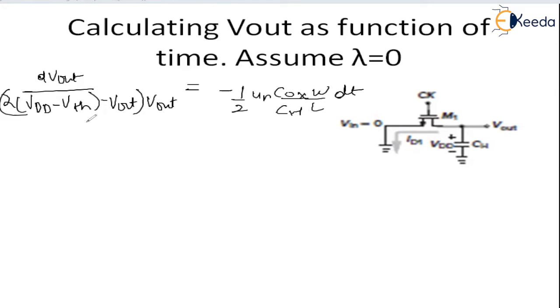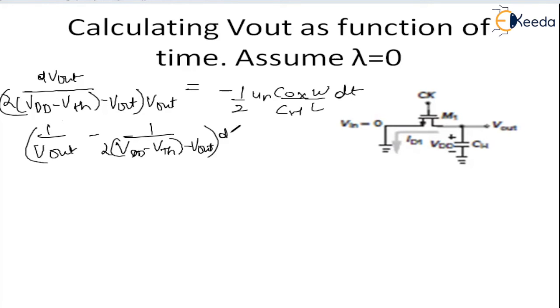Upon partial fractions of this term, we get 1 by Vout minus 1 by 2 VDD minus VTH minus Vout, dVout upon VDD minus VTH, and this term is the same.